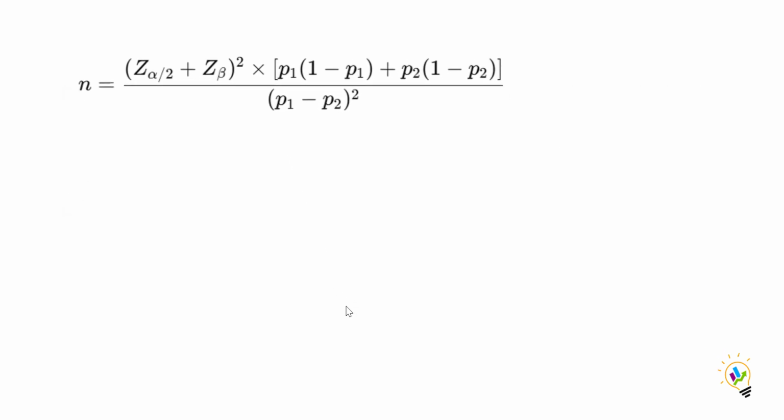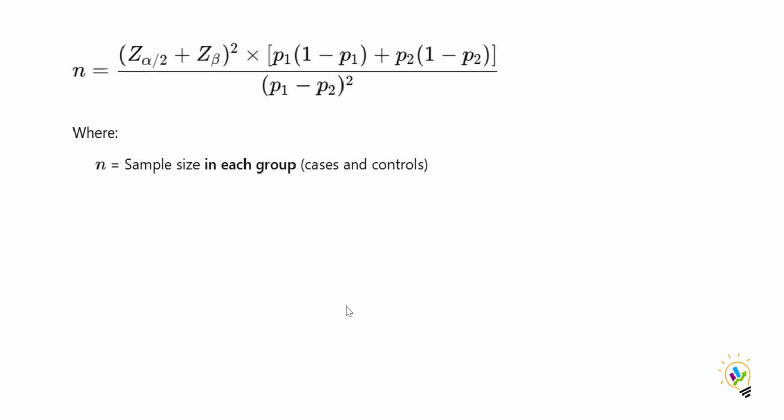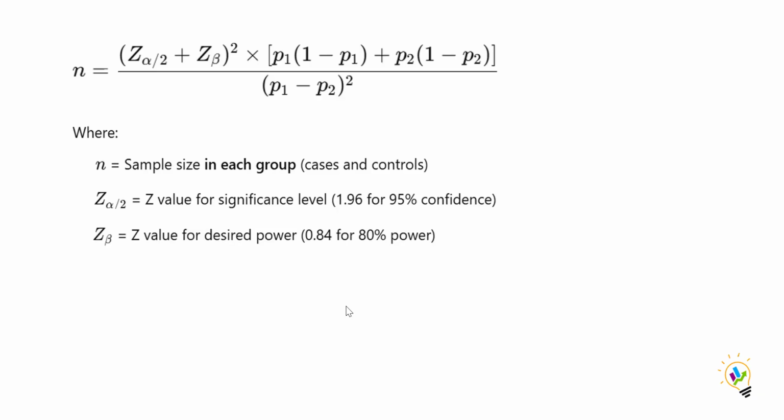In this formula, n is the sample size in each group, that is, cases and controls. Z alpha by 2 is the z value for the significance level. If the significance level is 0.05 or 95%, the z value will be 1.96.